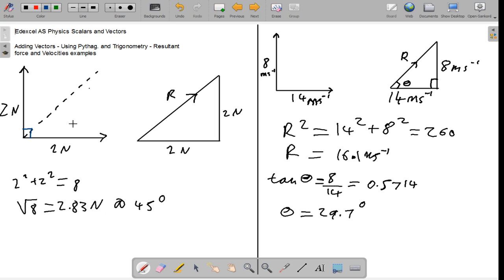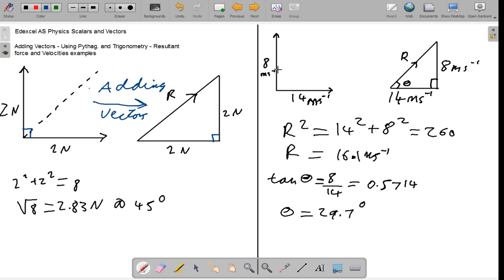And at 45 degrees, because the force is equally shared, it's an equally shared resultant force. This is a way of adding the vectors tip to tail. So I'll just put adding vectors. And yeah, that's one way of drawing the problem.